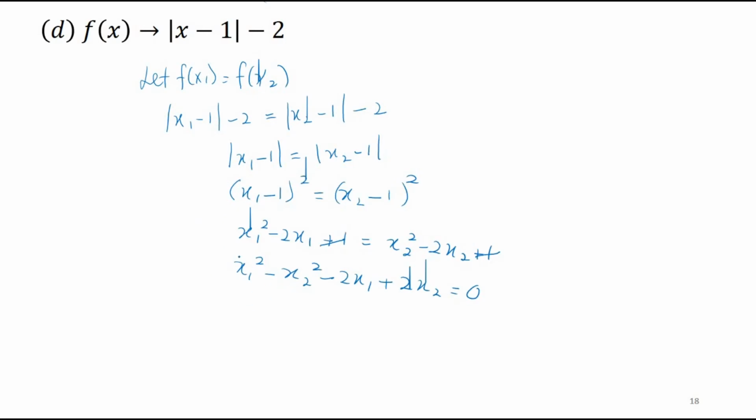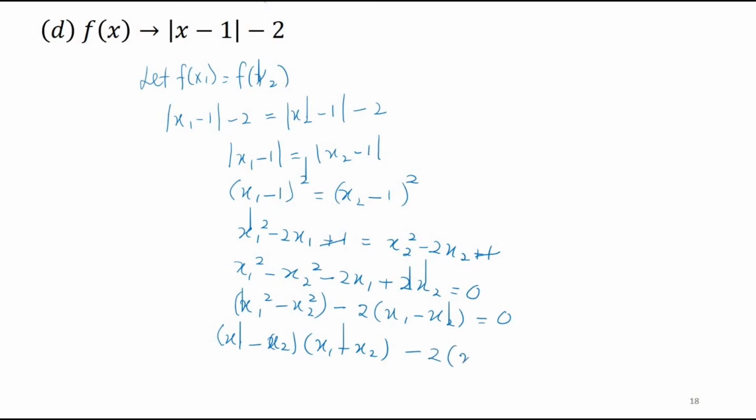You can factorize this: x1 squared minus x2 squared, and then take out 2, so you have 2 times (x1 minus x2) equal to 0. We have to factorize x1 squared minus x2 squared as (x1 minus x2) multiplied by (x1 plus x2).